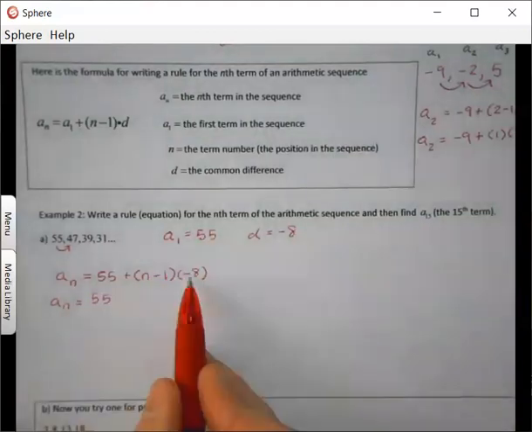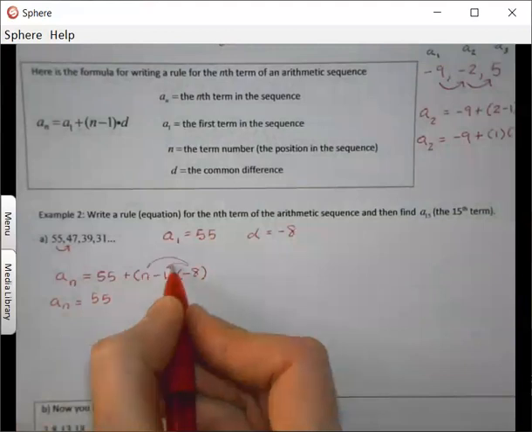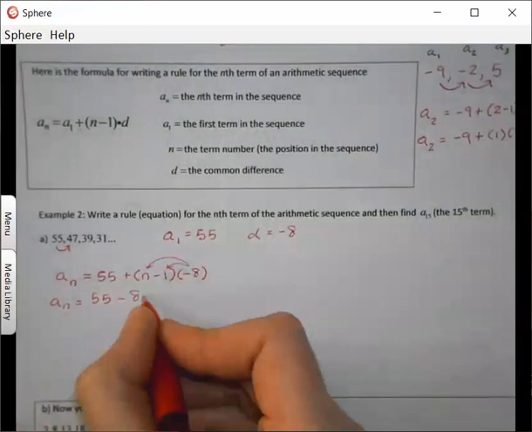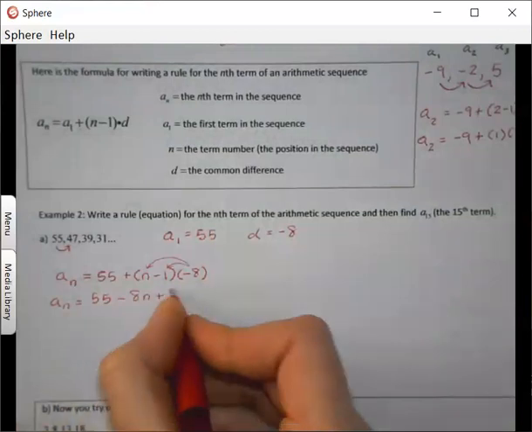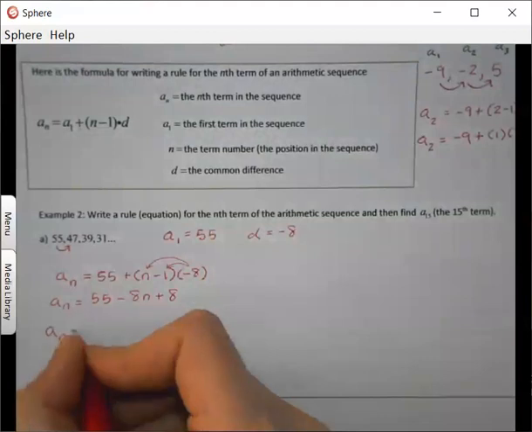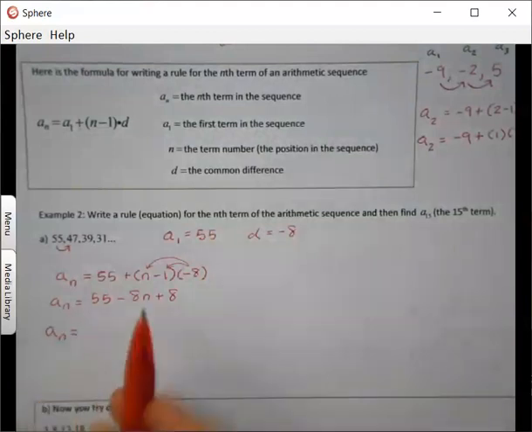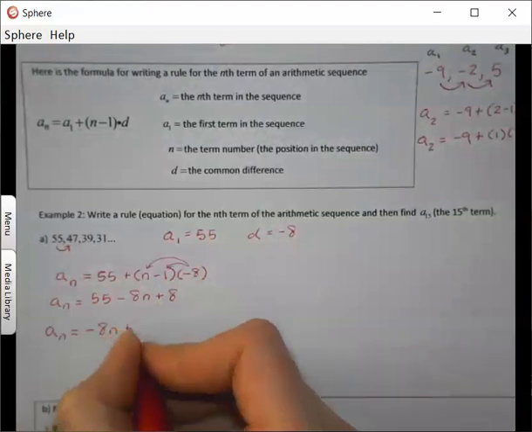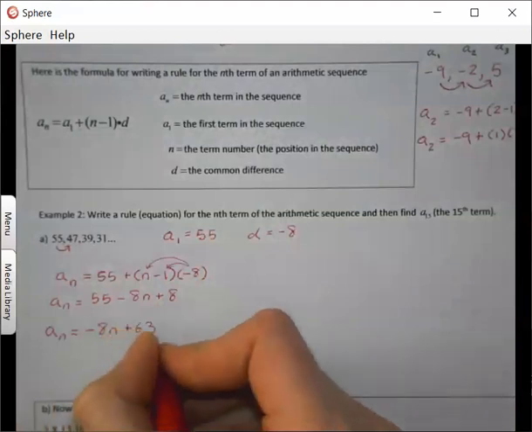So we'll distribute. Combine like terms. We get minus 8n plus 63.